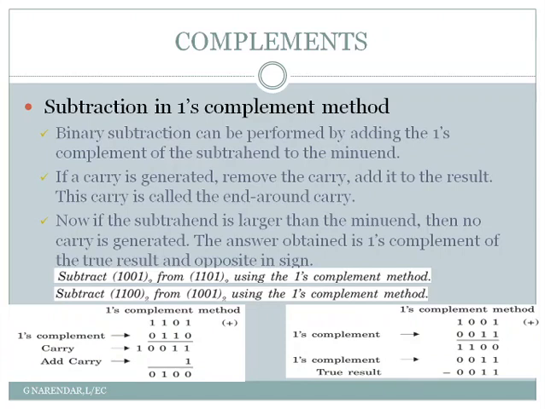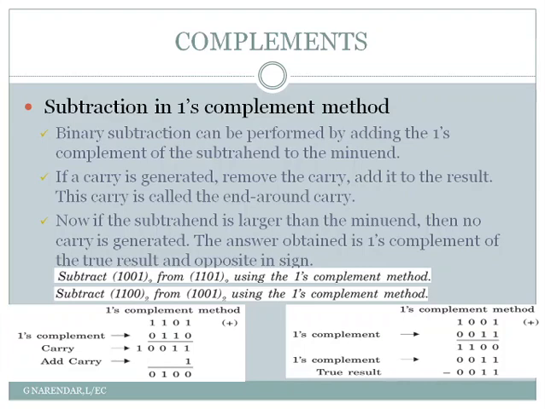Here we can use either the ones complement or the two's complement method to perform subtraction on binary numbers. Then we saw the procedure of subtraction in the ones complement method. There, instead of subtracting the subtrahend from the minuend, you take the ones complement of the subtrahend and add it to the minuend. That will be equivalent to the subtraction operation.